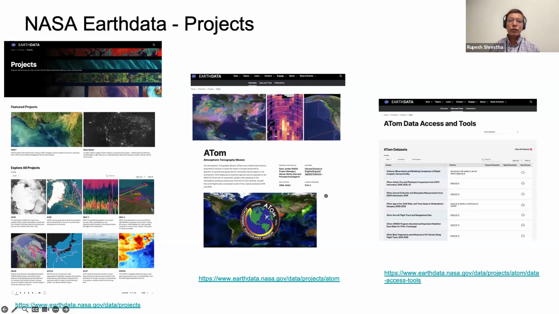The datasets, again, will be listed in a similar way. Clicking on Data and Tools here will list all the data that is available for that particular project. So this project, instrument, and platform structure shows a nice connection between datasets and these projects, instruments, and platforms. This is all possible because the metadata that goes into publishing the datasets is all tied together behind the scenes, and that makes it happen.